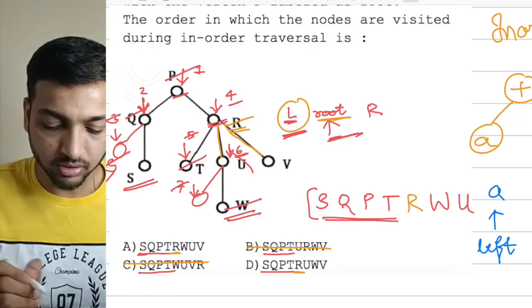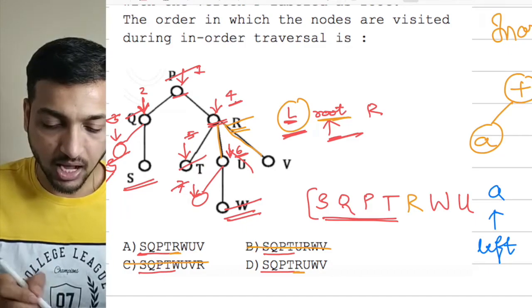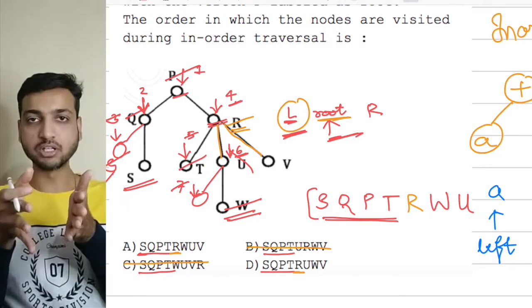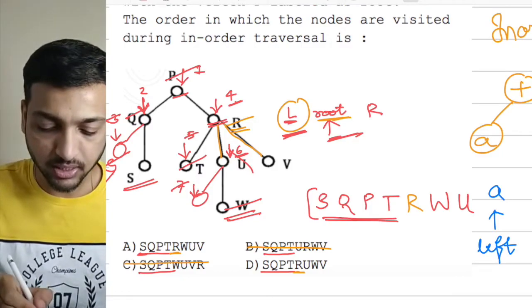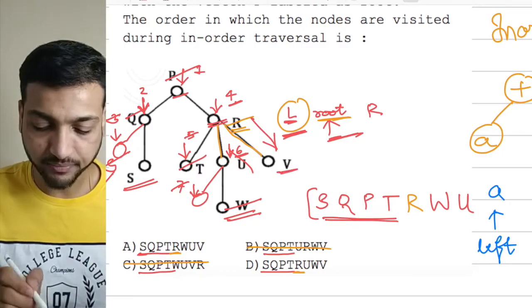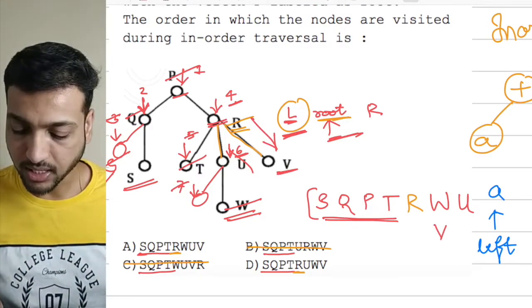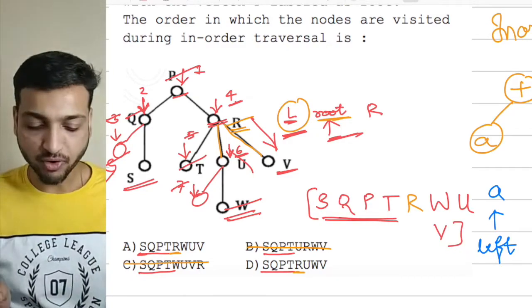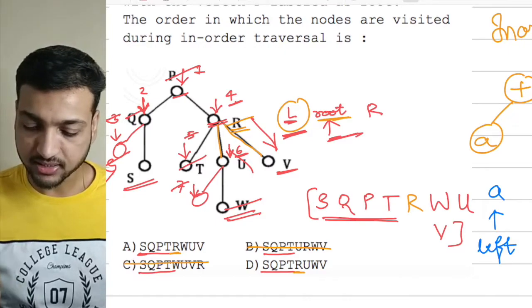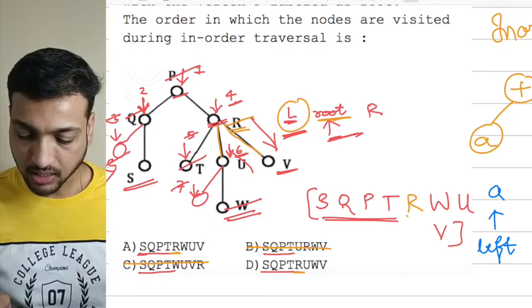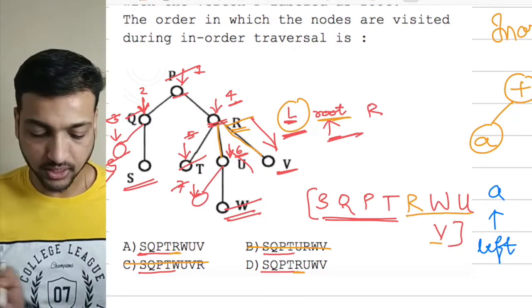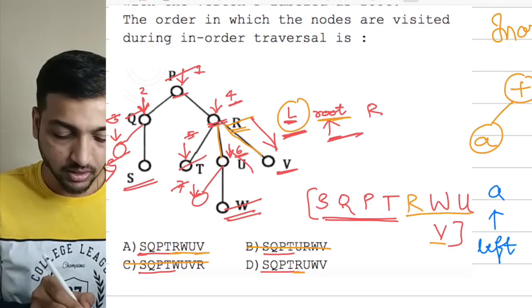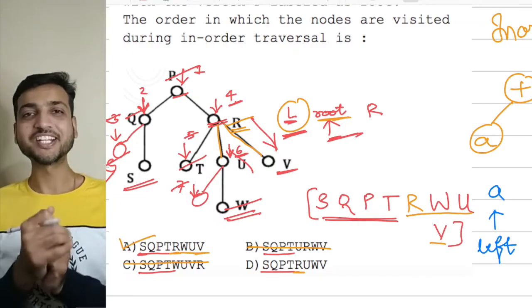We come to 4, and from 4, R is visited, so left is done, root is also done, now we go to the right. Once again on the right is V, so V will be visited, so V will be the last value in our in-order sequence. Thus we have got this in-order sequence, and we can see R, W, U, V, so option A is our right answer.